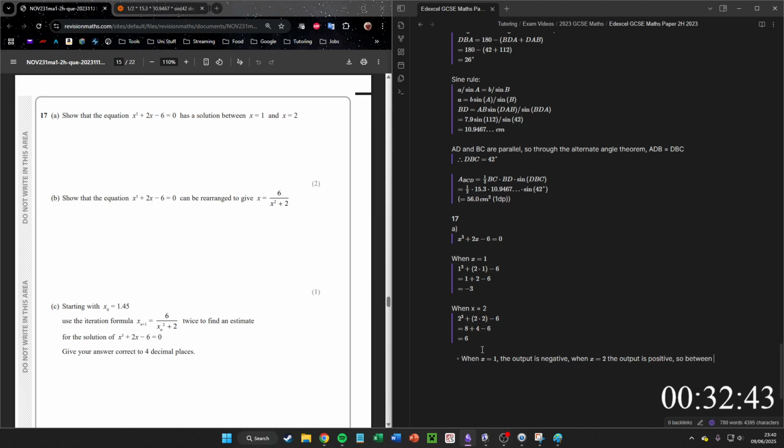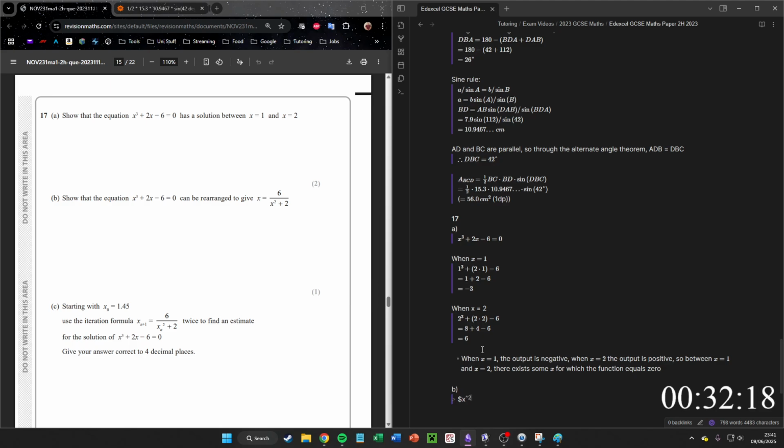So between x equals 1 and 2, there exists some x for which the function equals 0. I don't really think I'd have to write much more there, to be honest, but there we go. We'll see how that ends up in the marks.